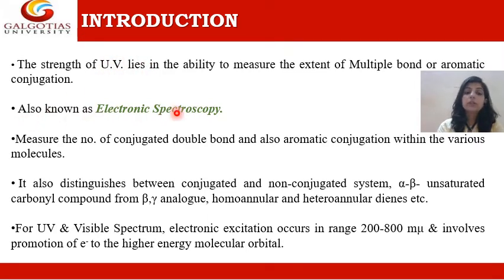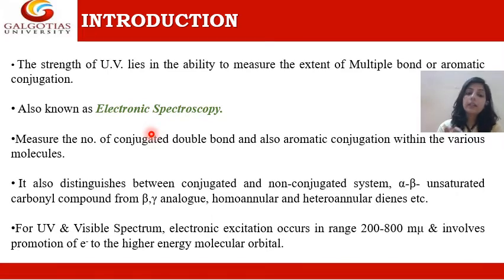It is also known as electronic spectroscopy, as UV visible spectroscopy involves transitions at the electronic level. In the previous lecture, I told you that our total energy comprises E electronic, E vibrational and E rotational.